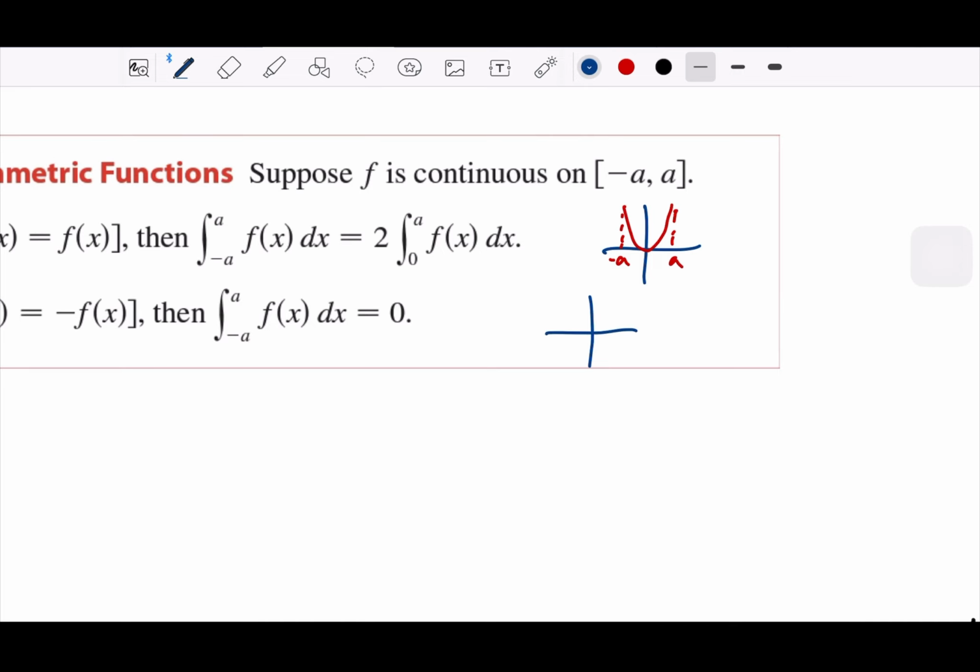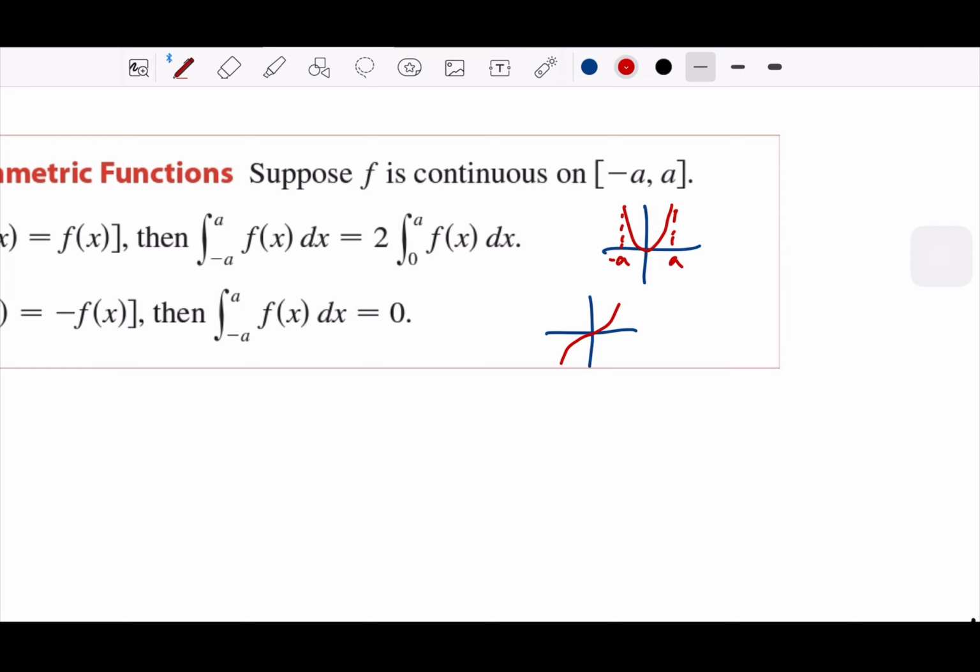So you have an odd function like that. And if you remember, what is under the x-axis means negative. So if you take a here and negative a here, you see that these two curves cancel each other. Visuals may be more helpful for some of you.